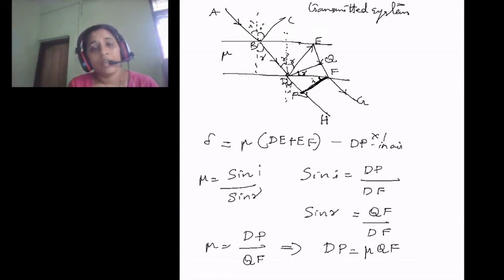First we can calculate the value of DP. For this we have to consider Snell's law, that is mu is equal to sin I by sin R. For measuring the value of sin I, we consider the triangle DPF, and that angle DFP is I, because the angle of incidence is itself the emerging transmitted angle, if there are not many deviations in the path.